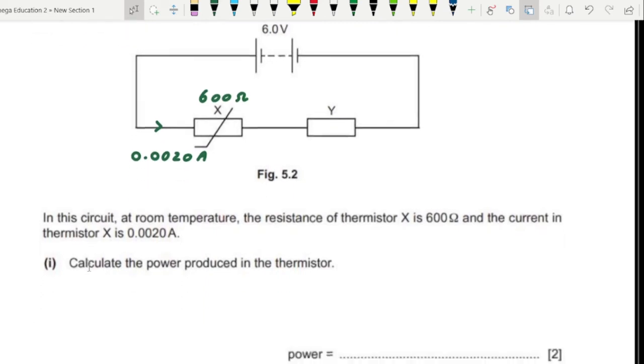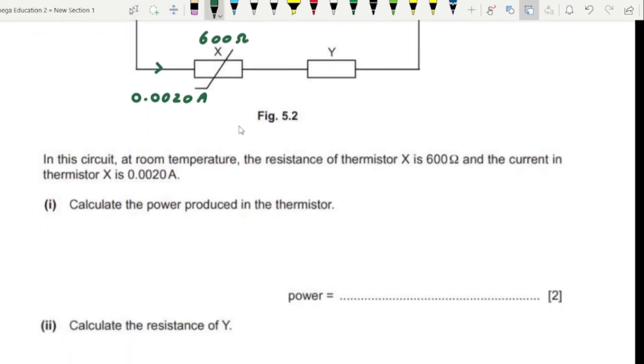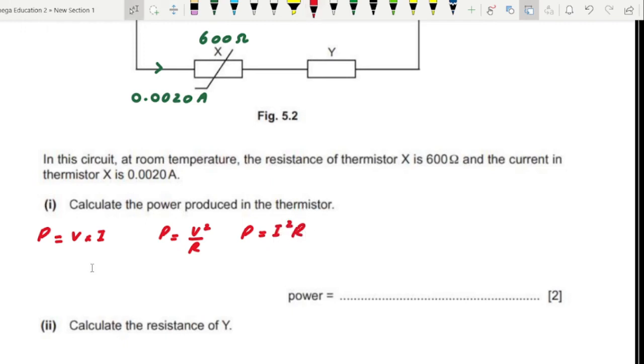So for power, I'm going to write the formulas that we studied. P equals V times I. One of them was P equals V squared over R. And one of them was P equals I squared times R. Which one is the most compatible?